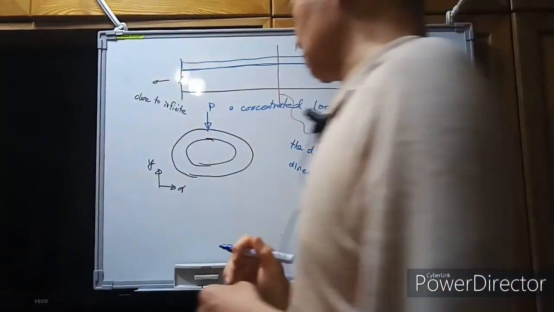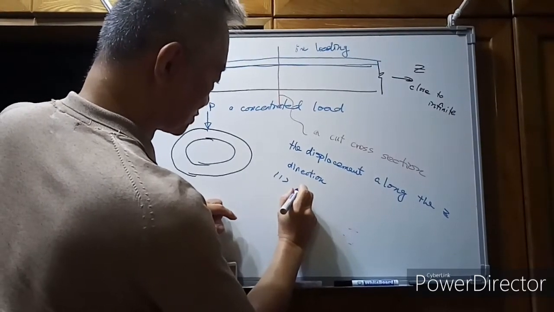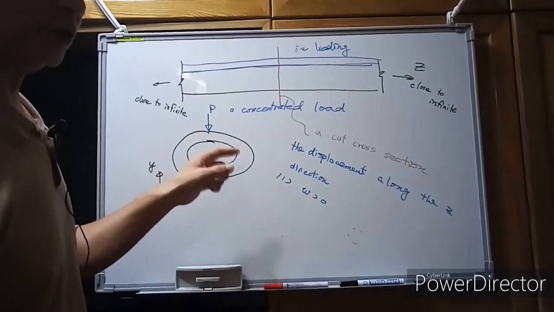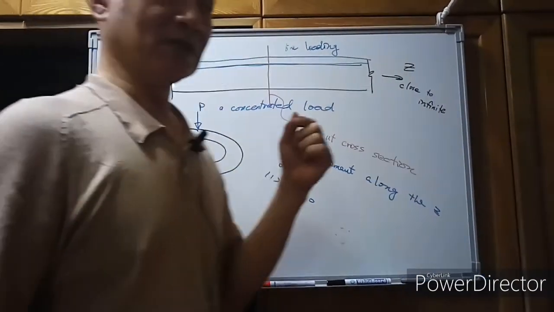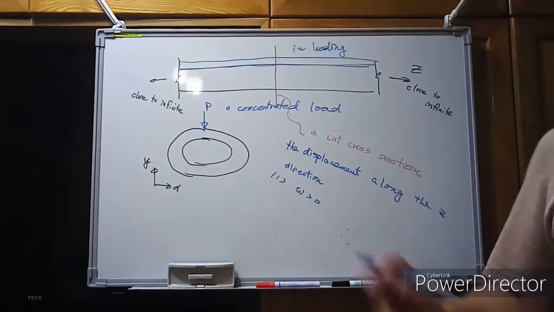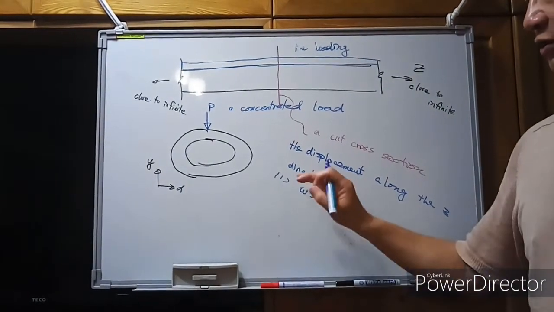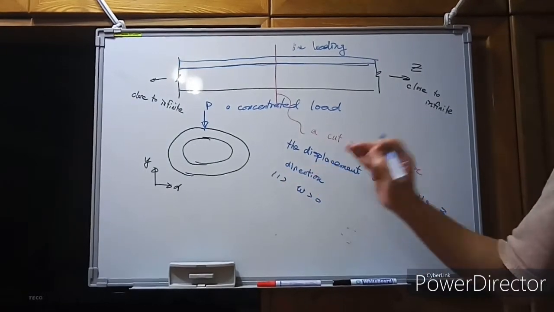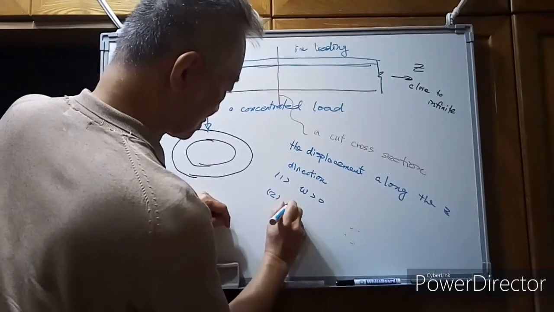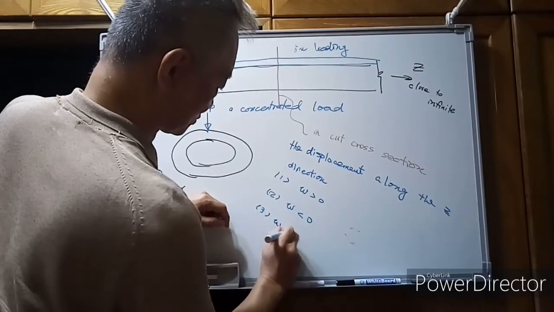I will give you three choices. I use u, v, and w to represent the displacements along the x, y, and z directions. The first choice is w greater than 0. The second choice is w less than 0. The third choice is w equal to 0.